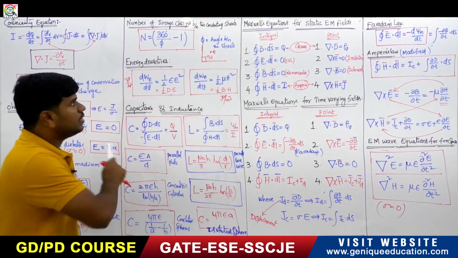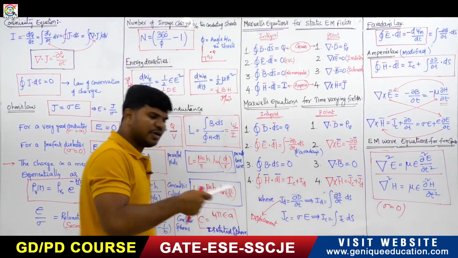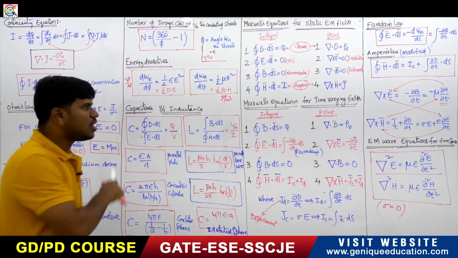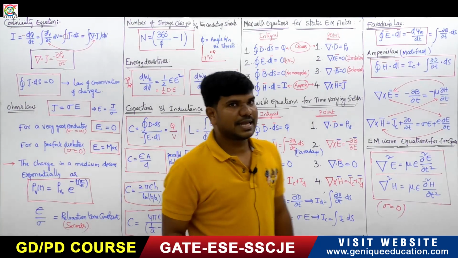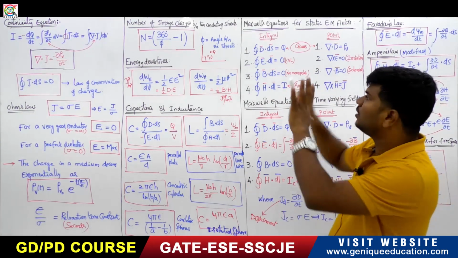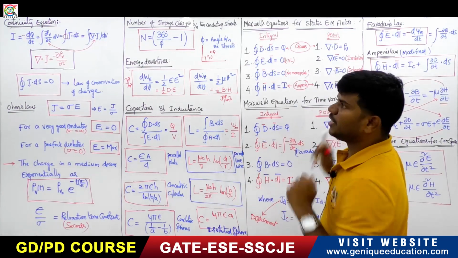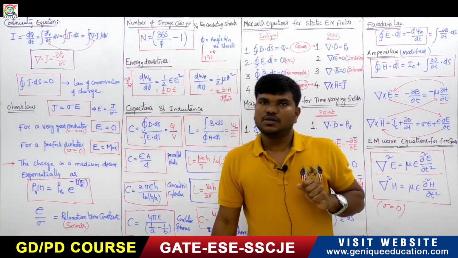I guarantee out of this there is no question for you. Even for the electronics people also, out of this there cannot be any question. So you have to concentrate very carefully on each and every expression. You should know the importance of each and every expression for this.